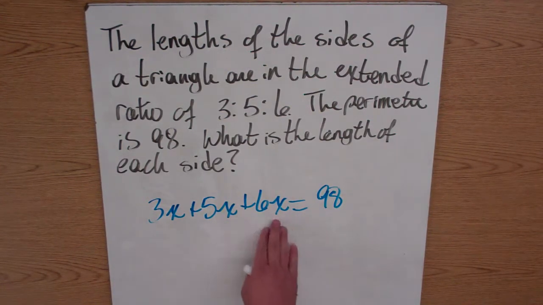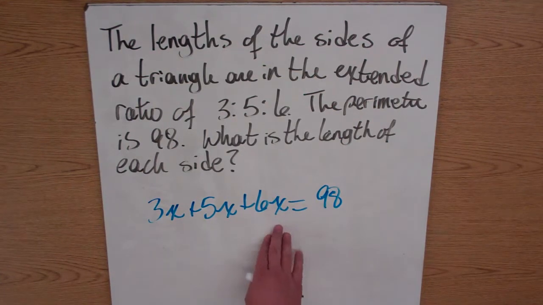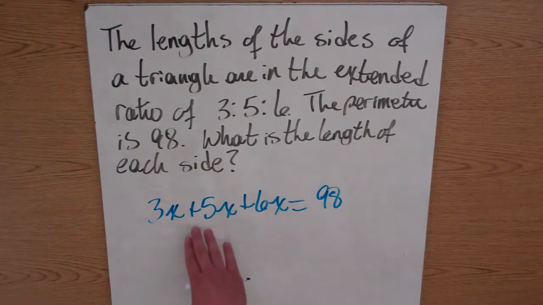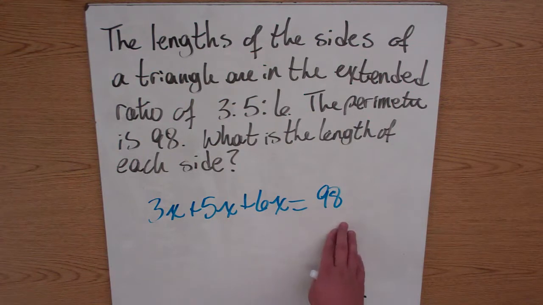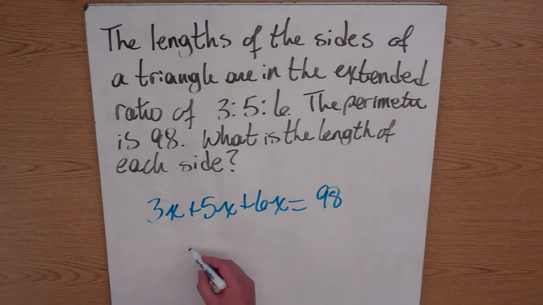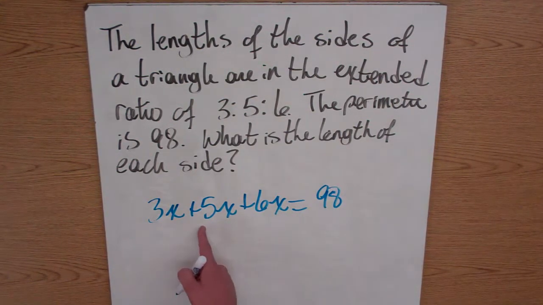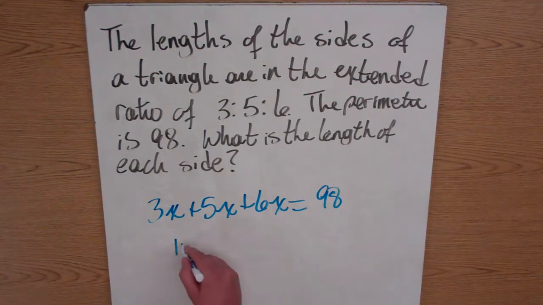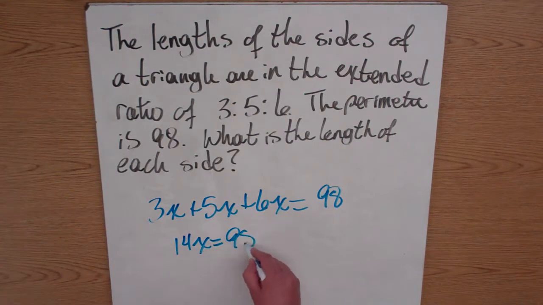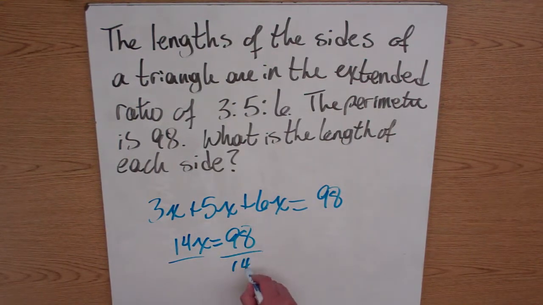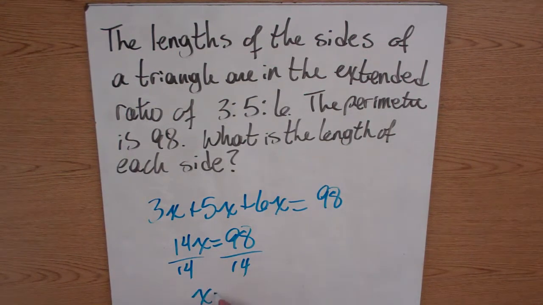This is the ratio of our three sides, 3 to 5 to 6. So 3x plus 5x plus 6x will have to equal our 98. So 3 and 5 is 8, and 6 is 14. 14x equals 98. Divide by 14, so x equals 7.